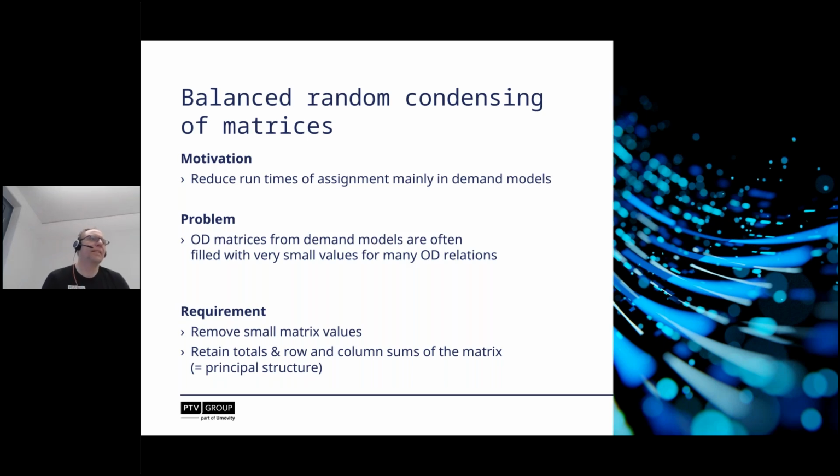They basically allocate demand to more or less every relation. And so what we want to do with this procedure is remove the very small matrix values, but what we want to retain is basically the structure of demand. So for each zone, the row and column sums shall remain more or less the same.